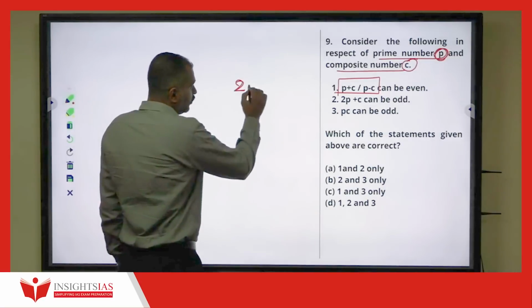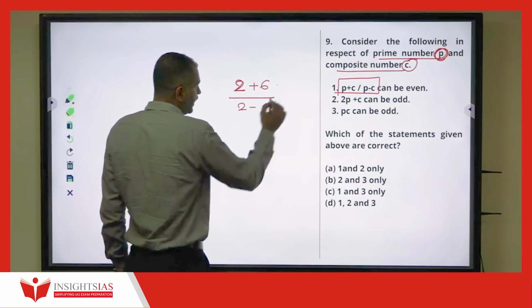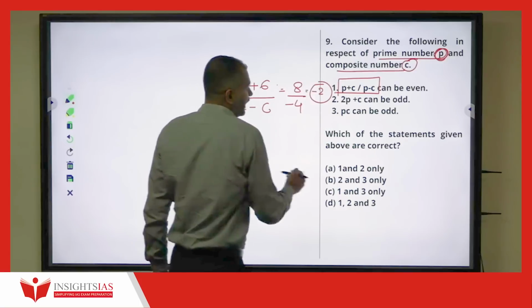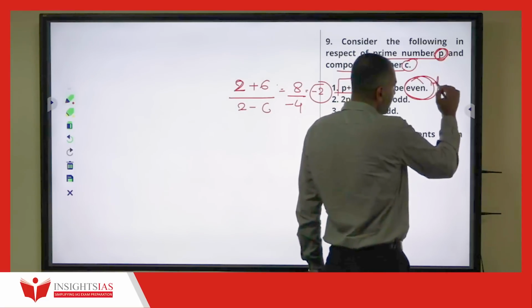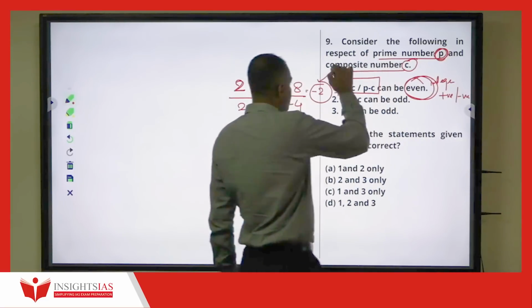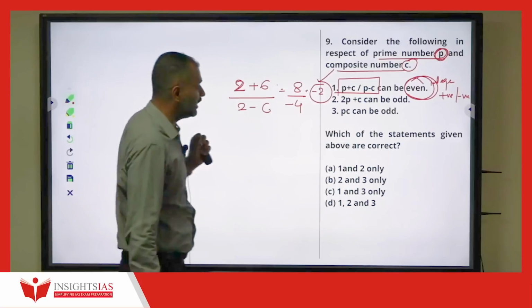I will take a composite number 6. 2 plus 6 is 8, 2 minus 6 is minus 4, which gives minus 2. Even was not specified as positive or negative, so even is an integer, which includes both positive and negative. So this is even, minus 2 is even, hence this is true.